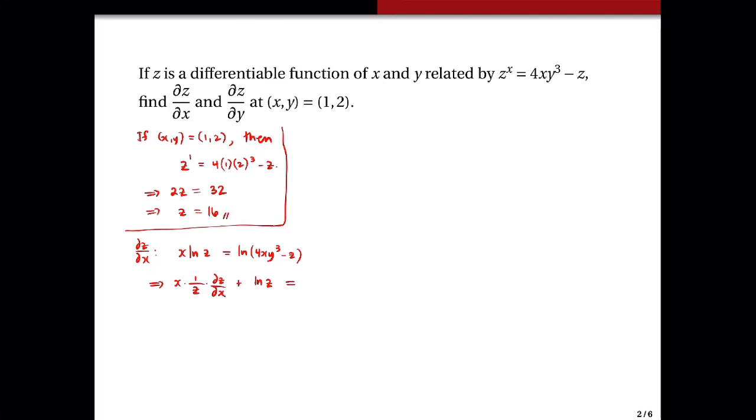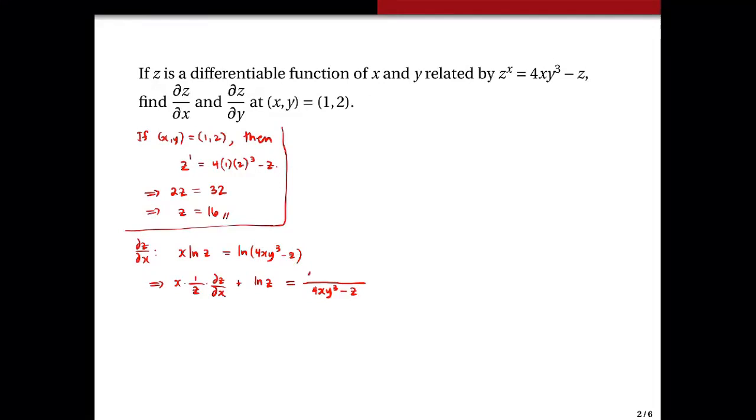For the right-hand side, differentiating with respect to x, we will have 1 over something. That something is the expression inside the parenthesis, so we will have 4xy cubed minus z. And then by the chain rule, we get the derivative of this expression with respect to x.